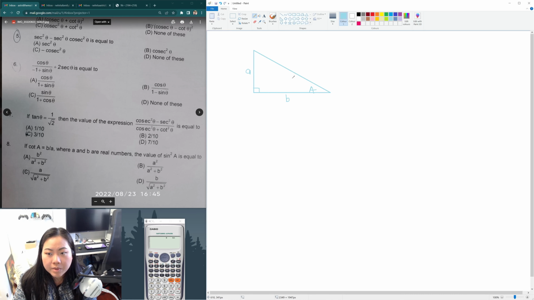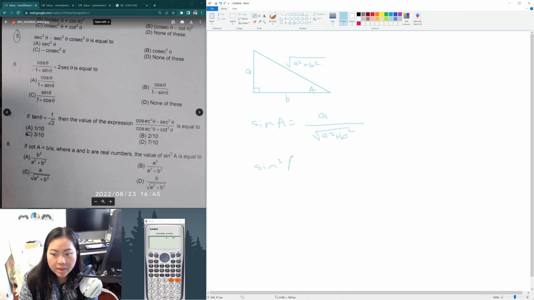So sine would be opposite over hypotenuse. We need to find the hypotenuse. Hypotenuse would be the square root of A squared plus B squared. Sine A would be opposite over hypotenuse.